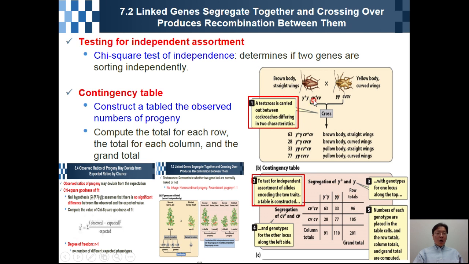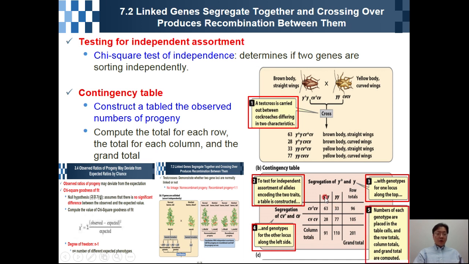How about the cb, the wing genotype? One can cross with cb plus cb, and another one cb plus cb like this. So this is one genotype, and this is the other genotype. After that, we have to add the numbers.